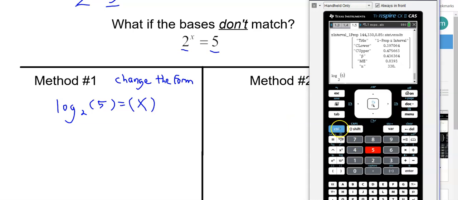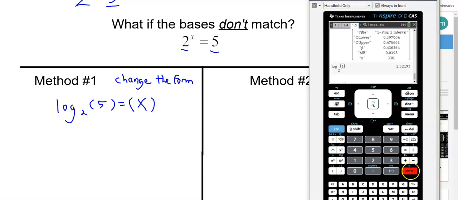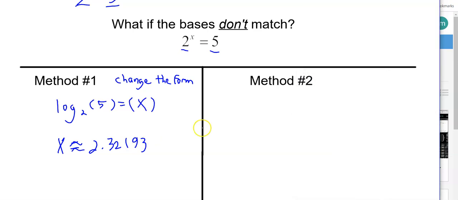And if you want a decimal, I usually hit control enter. It's one way to get it. So x is approximately equal to 2.32193. At least 3 decimal places is probably fine. That's the way most students are going to use it. It's probably the easiest to change the form.